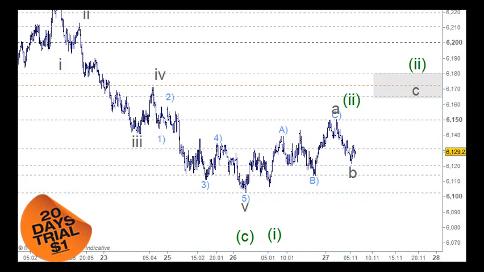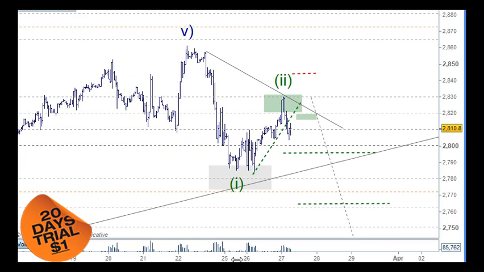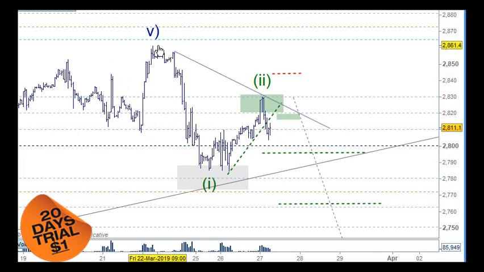If we take a look at the S&P 500, that can give us a little bit of insight as well, because with the S&P here just on the hourly chart, we're looking for a move down through here, which we call wave 1, and then an A and a B and a C back up into this 50-60% retracement level here where we're selling, and then the move down through here will be an impulse wave, and then we're looking for a move back into 28.20 here where we could sell again, and then we'll also look to be short again once this 2,800 becomes the retested resistance as well, and then also group 2 as well.